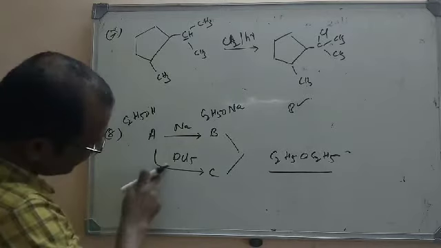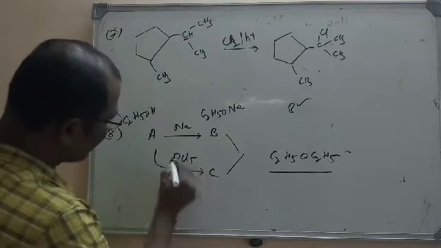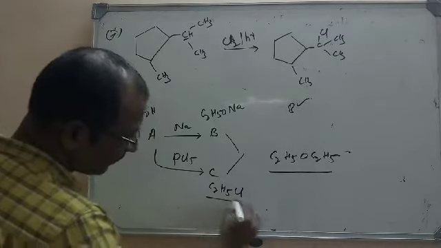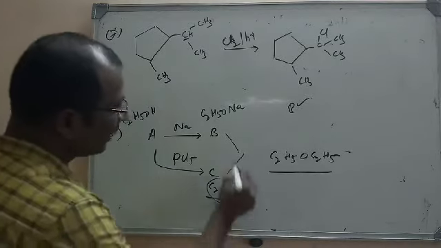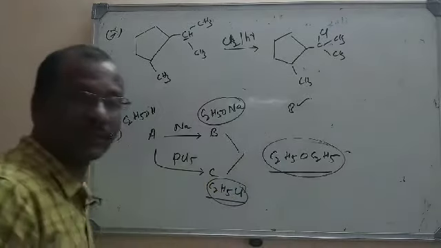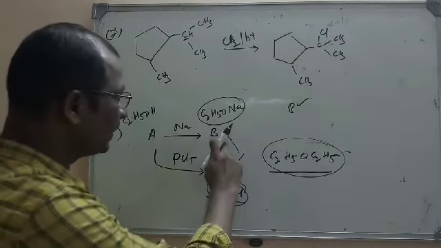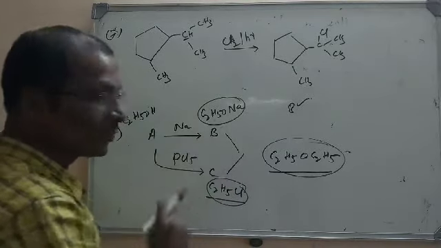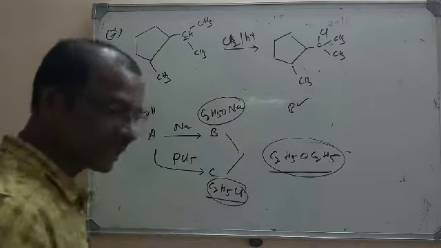If ethyl alcohol is treated with PCl5, what is C? Substitution takes place, giving C2H5Cl. This is an alkyl halide and this is an alkoxide, which will give ether by Williamson's ether synthesis. So A is ethyl alcohol, B is sodium ethoxide, and C is ethyl chloride.